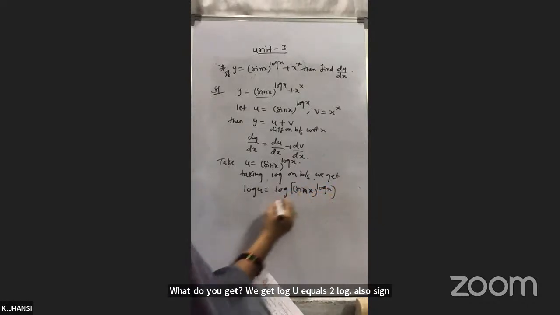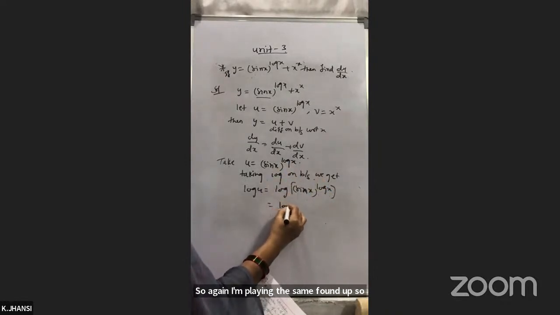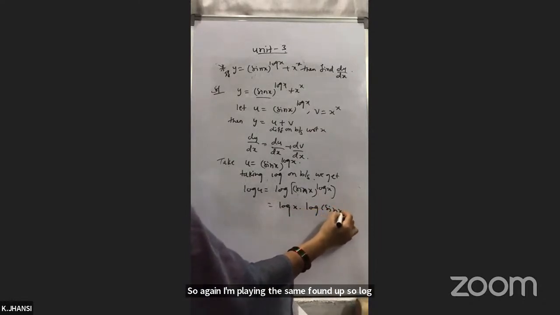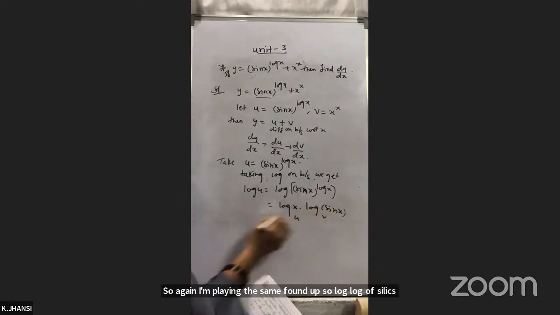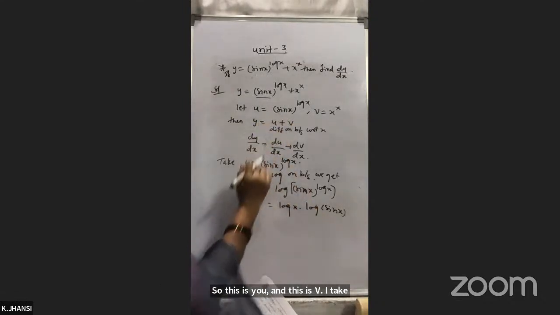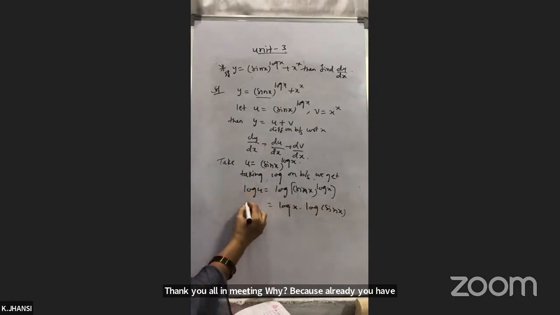Again applying the same formula, log to the power of this means log x into log of sin x. So this is u and this is v, or you can take anything, p, q or anything, because already you have taken u and v. Now it is in the form of uv, and this is log u.